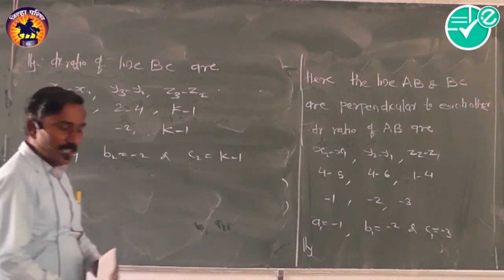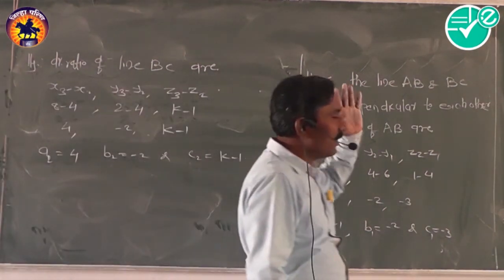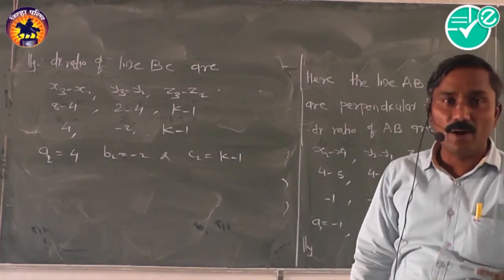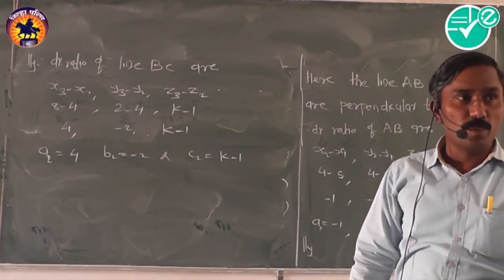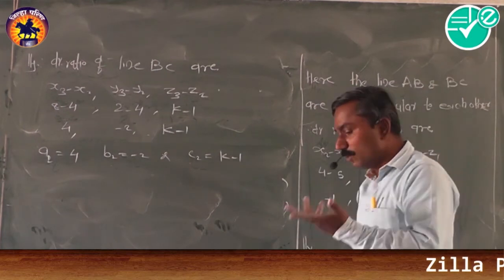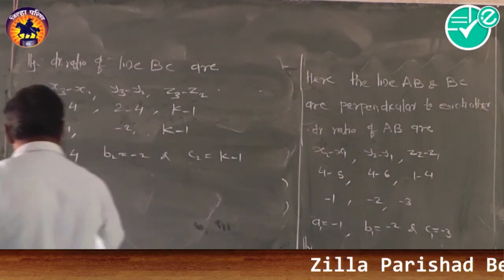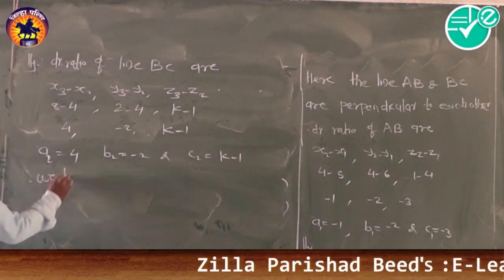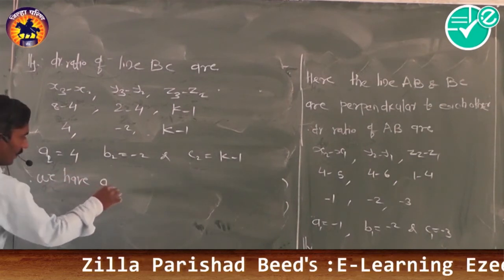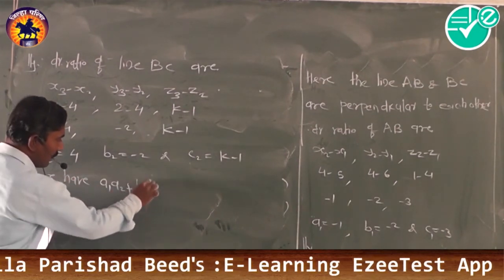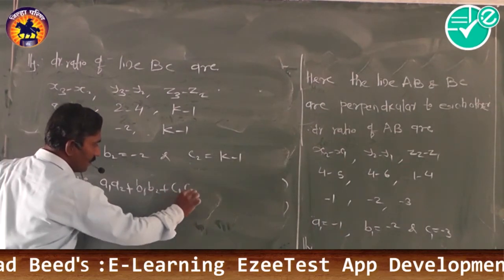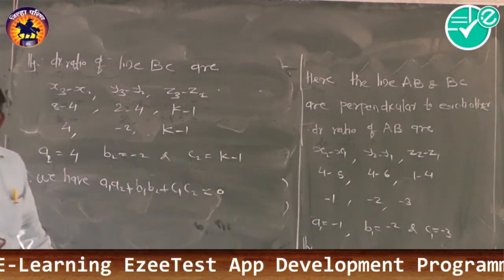Now we know that if two lines are perpendicular to each other, then the condition is A1 A2 plus B1 B2 plus C1 C2 is equal to 0. Therefore, A1 A2 plus B1 B2 plus C1 C2 is equal to 0.